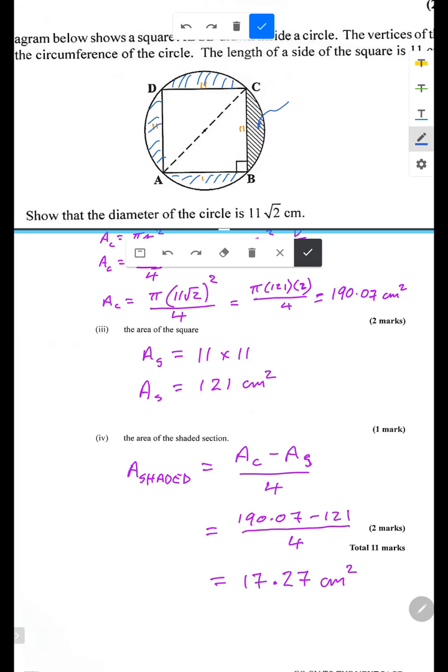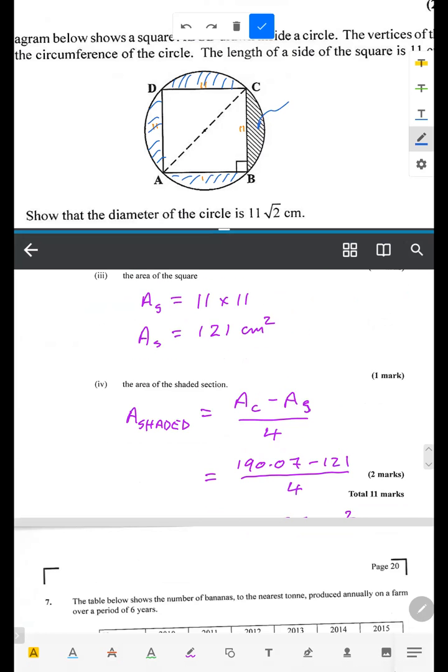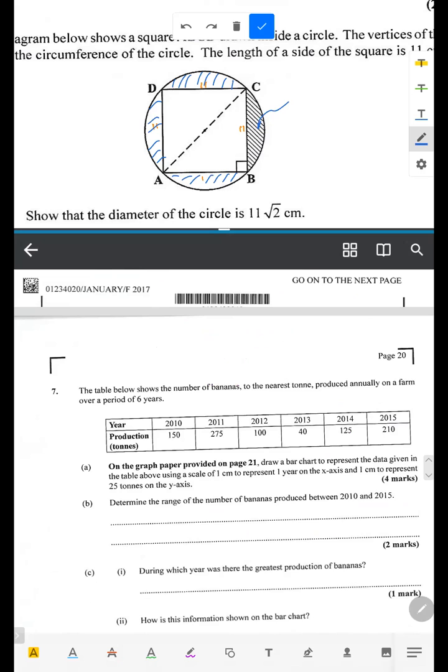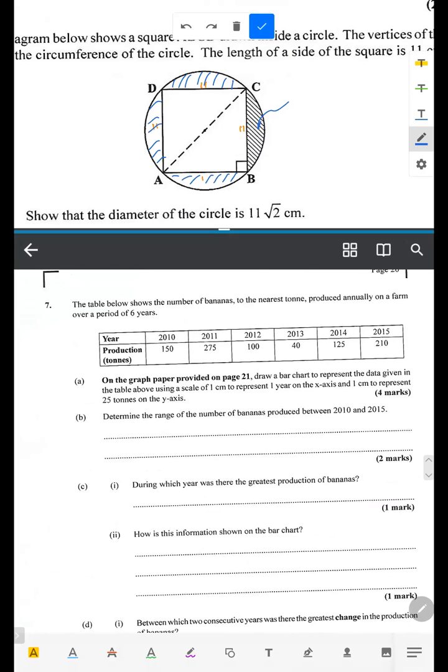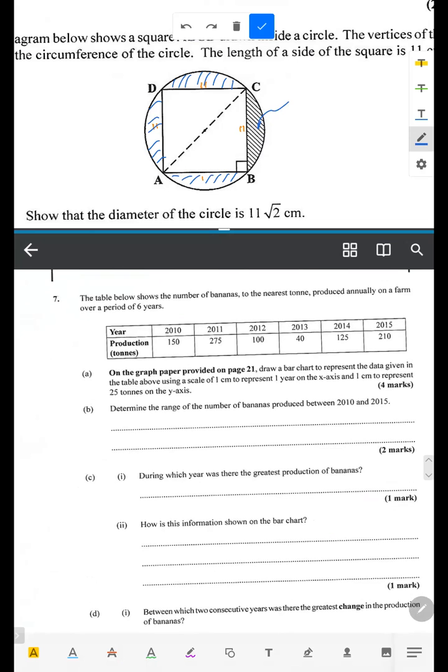All right, so moving up. Question number 7.